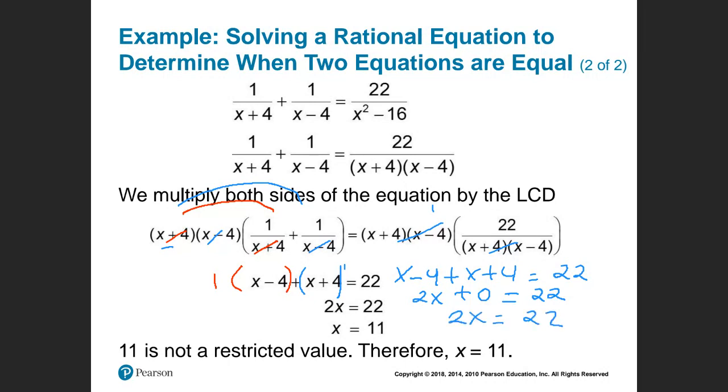Our goal is to find x, so we divide by 2 on the left side and by 2 on the right side. The answer is x equals 11. Look, 11 is not a restricted value because the restricted values are 4 and negative 4. So we have a solution: x equals 11.